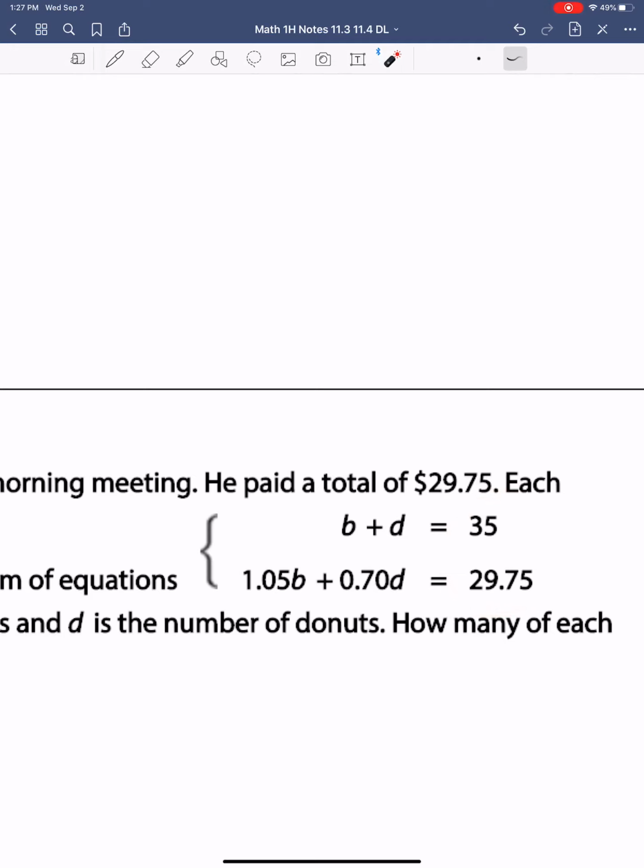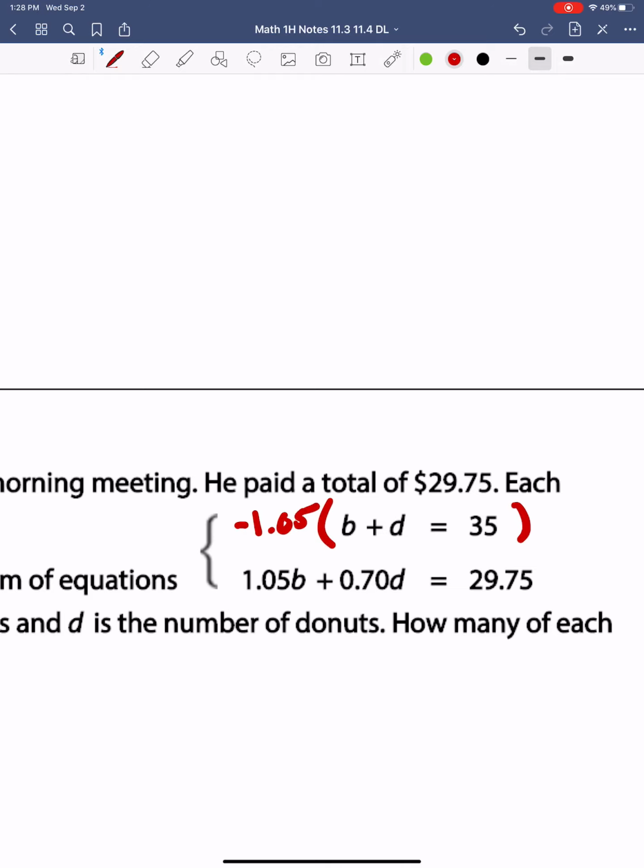So the setup is right. We just need to figure out how to cancel out one of these variables. You can choose whichever one you want. I'm going to go ahead and cancel out the B's. If this is positive 1.05, I want this to be negative 1.05. So I'm going to multiply the entire top equation by negative 1.05.